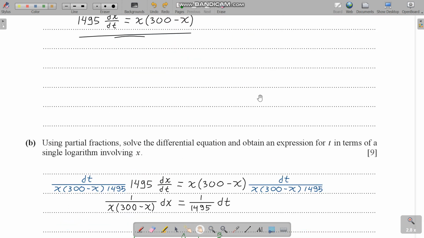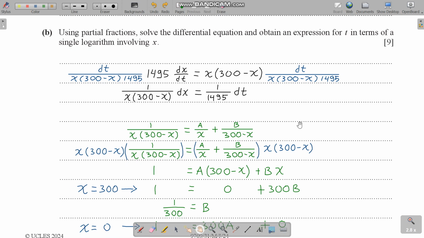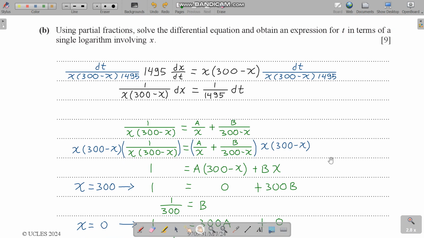Now the next part is to use partial fractions to solve the differential equation, t in terms of a single logarithm. From the original equation, we have to separate the variables: everything with x on one side, everything with t on the other.